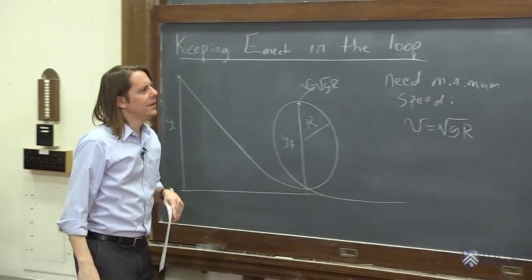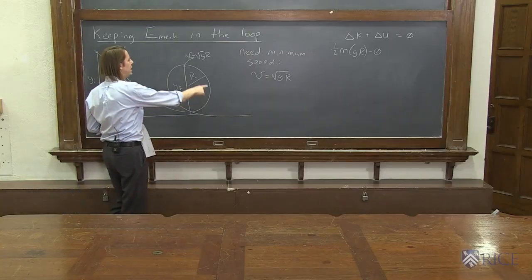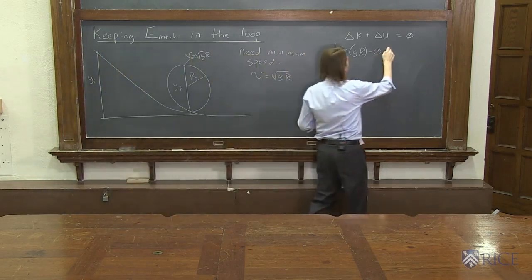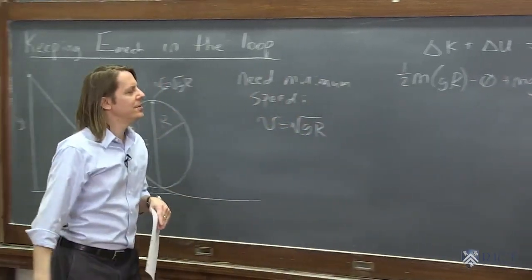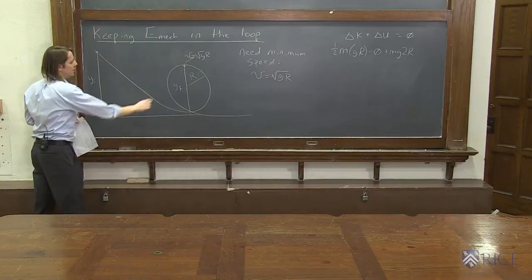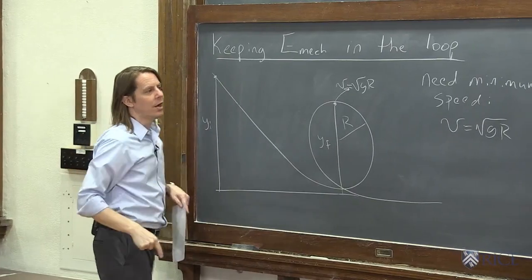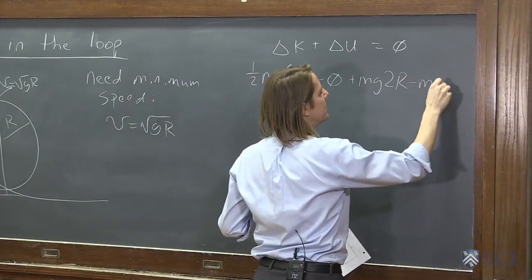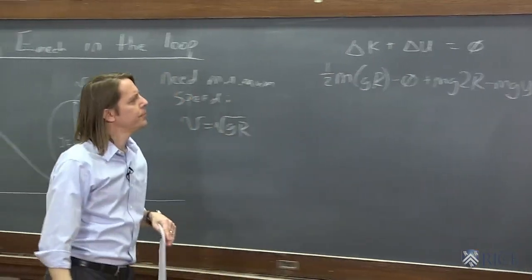And the final gravitational potential energy is mg times 2r, minus the initial, which is mg times the height we're looking for, y_i, minus mg y initial equals 0, like that.